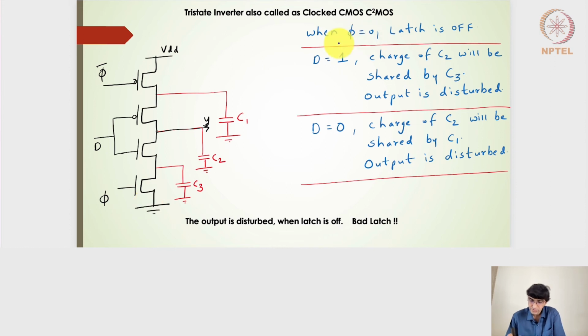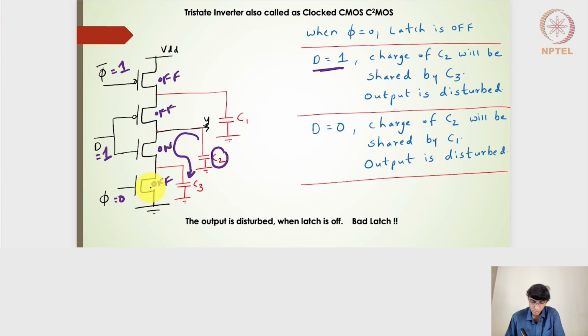If phi is equal to 0, that means it's in the opaque mode. So this is off, and phi bar will be 1, which means this will be off too. Now, if D is equal to 1 here, this will be on, and of course this will be off. But this on transistor will ensure that whatever the node voltage is, initially let's say it is connected to VDD, the charge from C2 will be shared with the C3 capacitance.